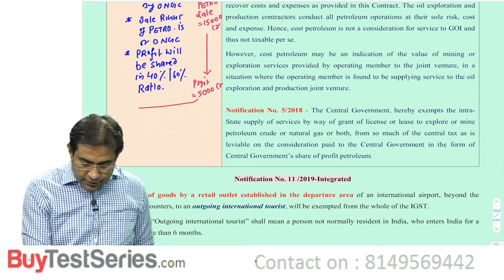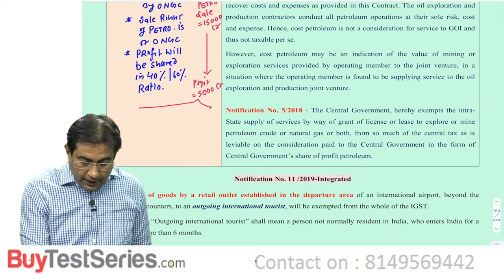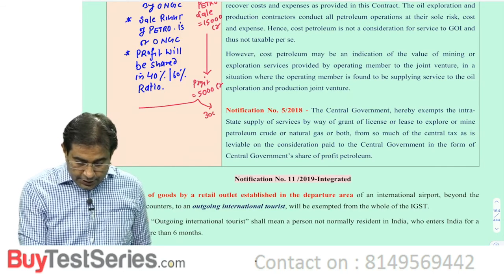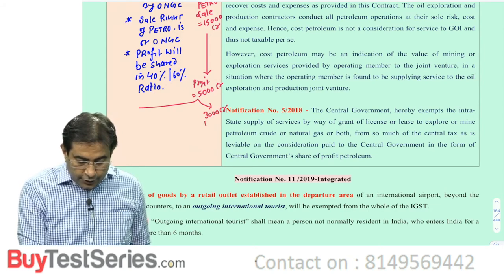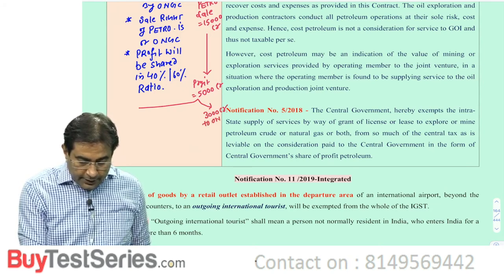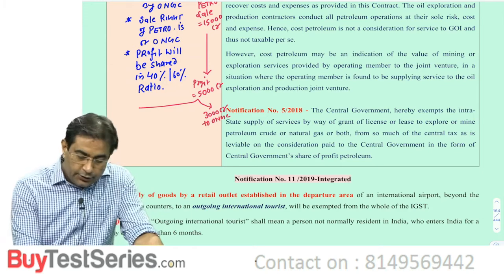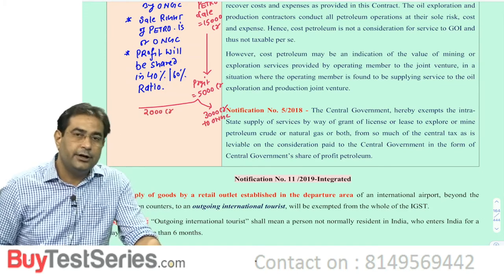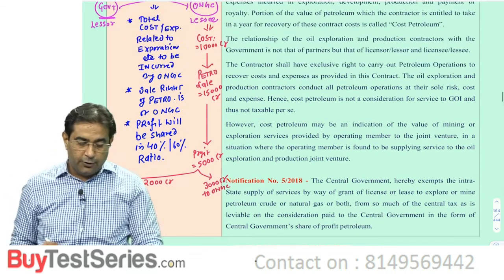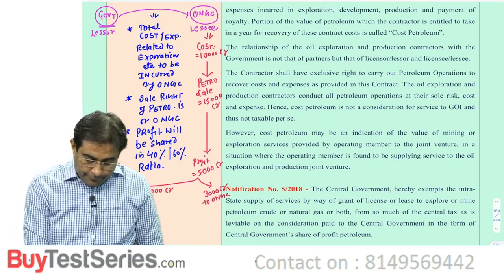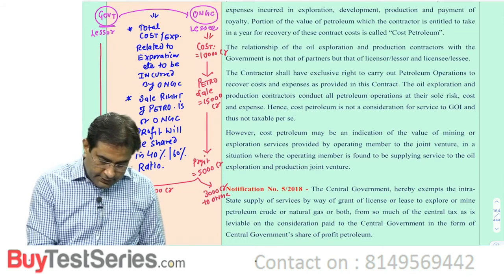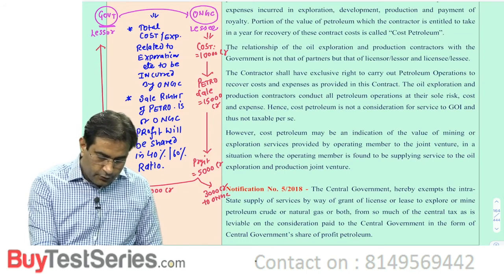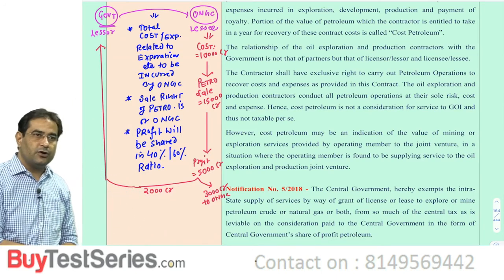As per the terms of the contract, there will be two parts of this profit. 3,000 crore will be retained by ONGC, and 2,000 crore rupees, that is 40%, would be paid to the Government of India by ONGC. This was the concept.